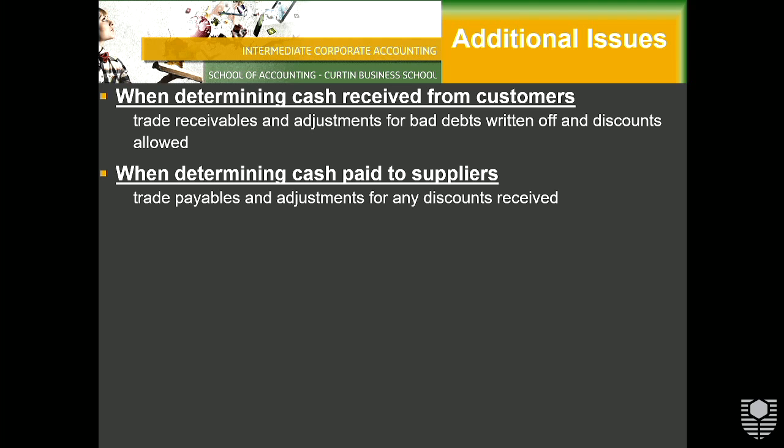So looking at your cash received from customers, we have to remember that where we've got trade receivables and we've got bad debts or doubtful debts and adjustments, and we might have discounts allowed, we might have to account for that. Also the GST attached to that might need to be accounted for and reconciled.